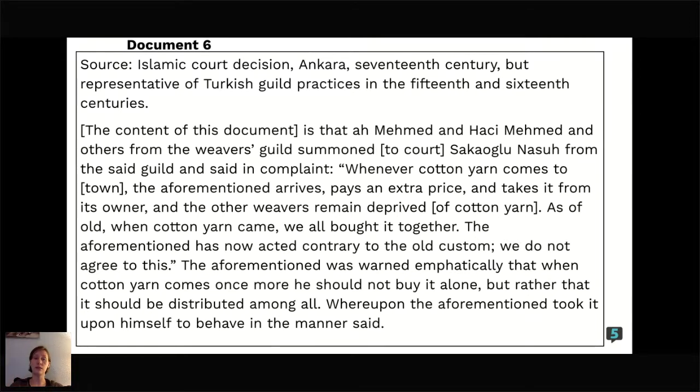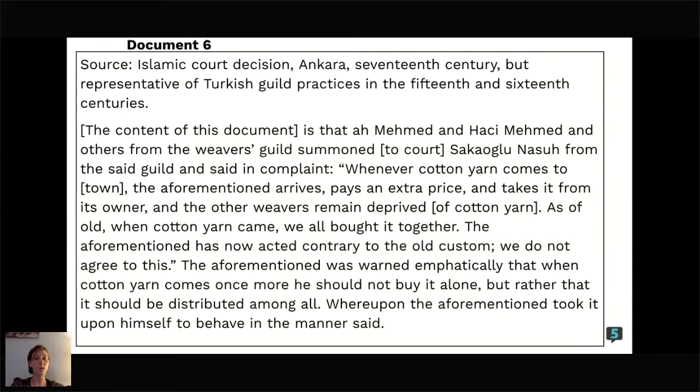Okay, so here's what this document says. The content of this document is that Mehmed and Hasi Mehmed and others from the Weavers Guild summoned to court Sakauglu Nasa, I should have practiced those names, from the said guild, so from the Weavers Guild, and said in complaint, whenever cotton yarn comes to town, the aforementioned arrives, pays an extra price, and takes it from its owner, and the other weavers may remain deprived of cotton yarn.